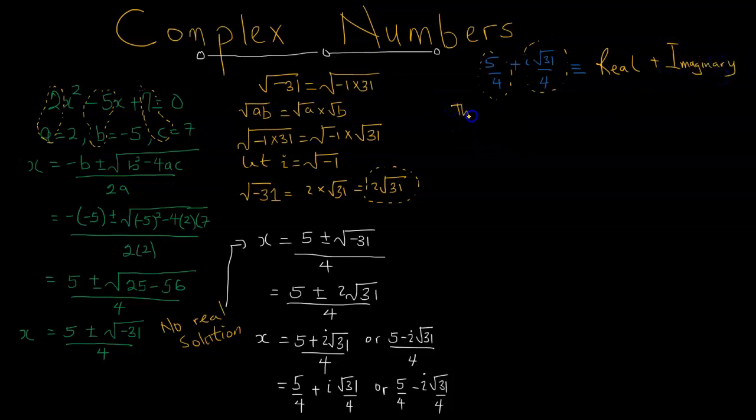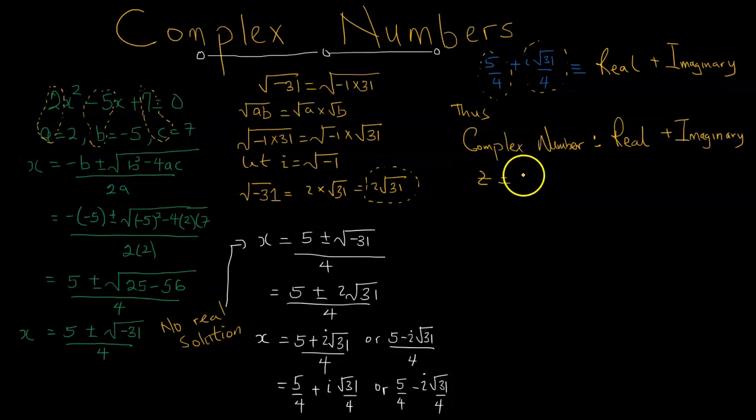Thus, we can conclude that a complex number consists of two parts, the real part and the imaginary part. Thus, if a complex number is represented by z, we can say that z can always be expressed as a plus ib, where a is the real part of the complex number and b is the imaginary part.